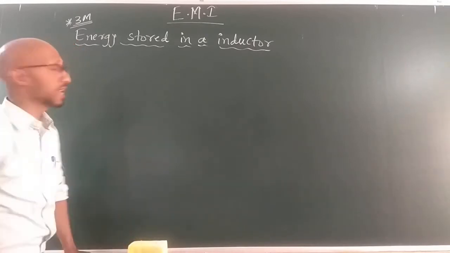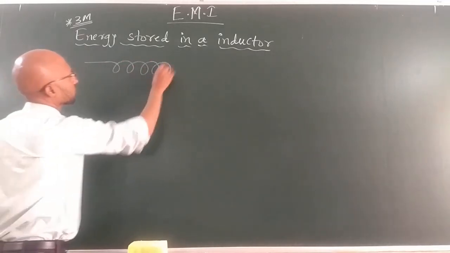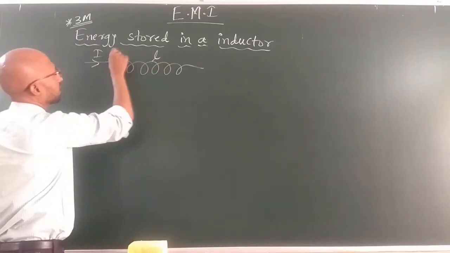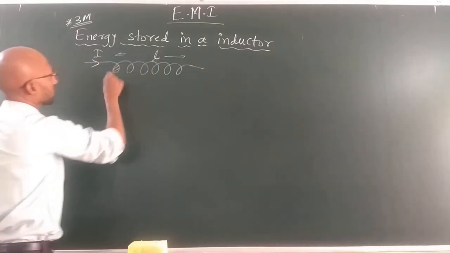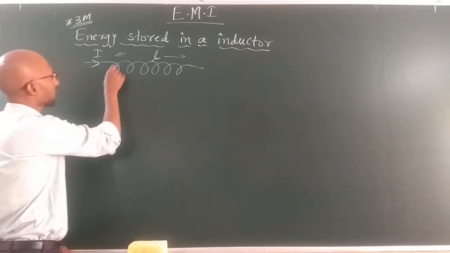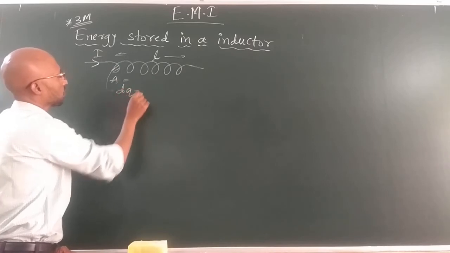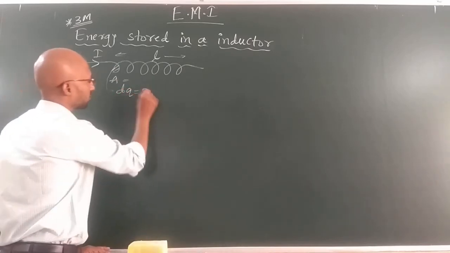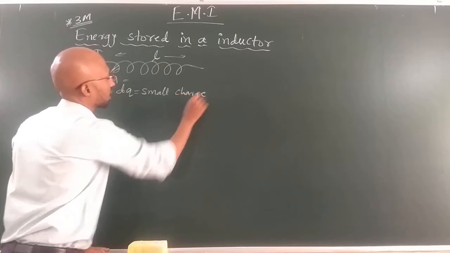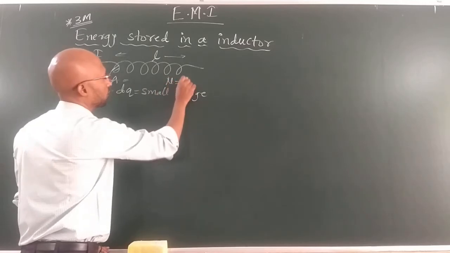Energy stored in an inductor. Now let us consider once again an inductor where current I is flowing. The inductor has length L and cross sectional area A. One more time we'll write it down here. Here dq is a small charge on a coil, and n is the total number of turns.